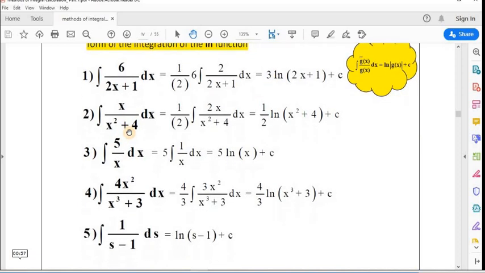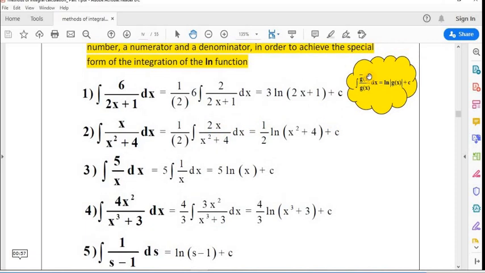Same concept here. What is the derivative of this one? 2x, so it will be g' divided by g(x). This is the original, and this is the derivative function. So it will be ln (x squared plus 4).